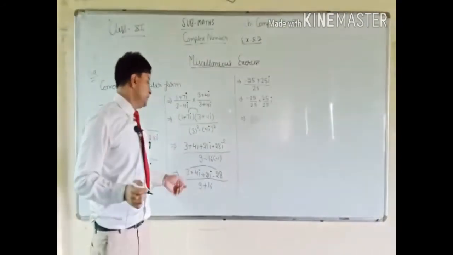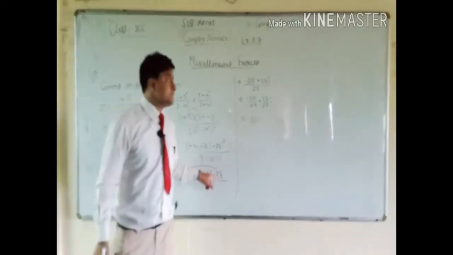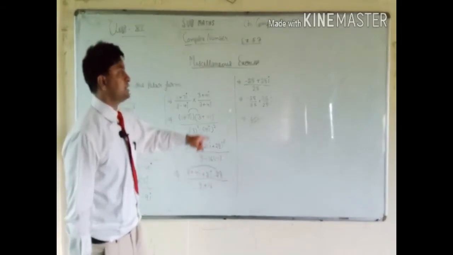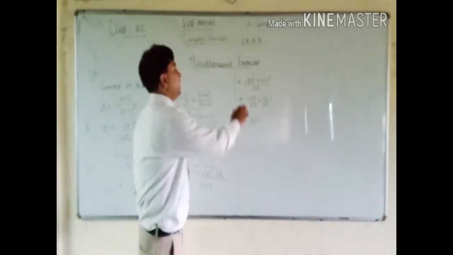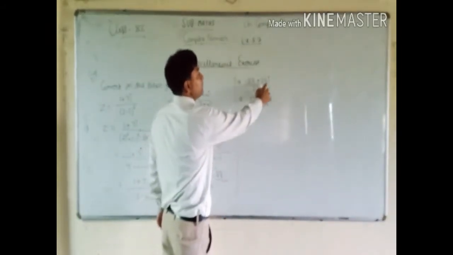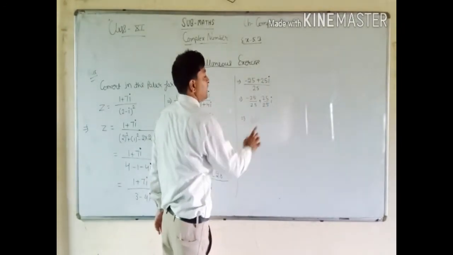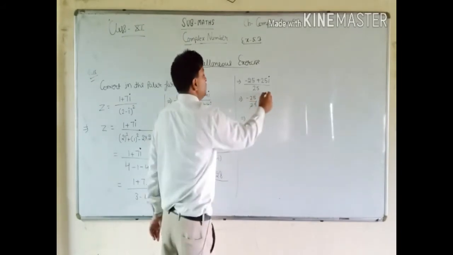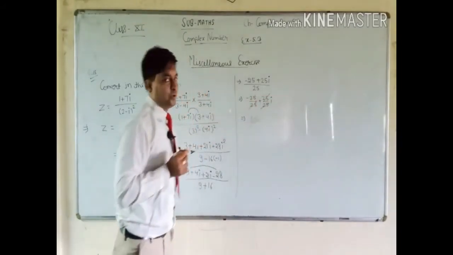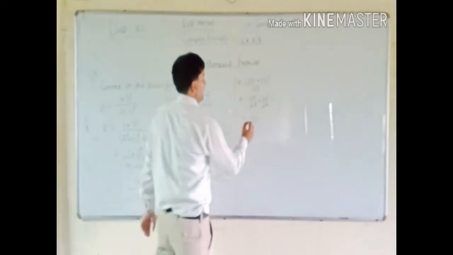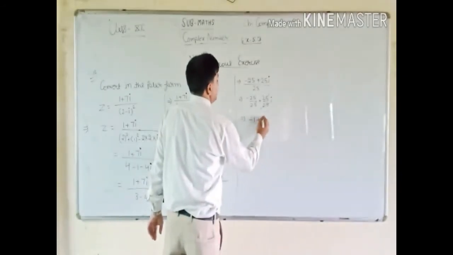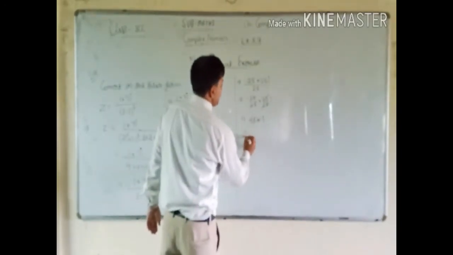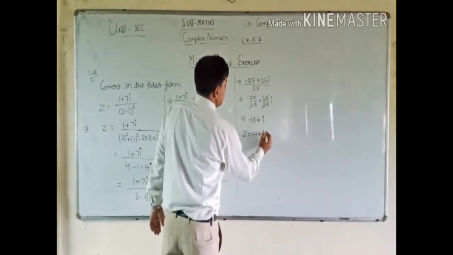So we know that 3 − 28 is equal to −25, and 21 + 4 is 25i. −25 upon 25 plus 25 upon 25 i. 25 is cancelled out by 25 and now 25 is cancelled out by 25. Then we find −1 + i. It is in the form of complex number. This is z equal to −1 + i.